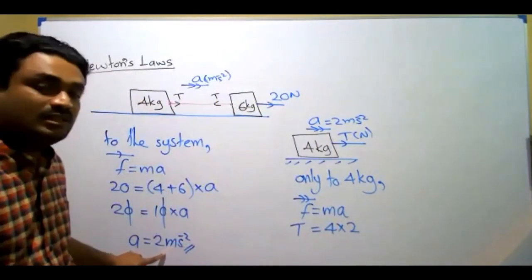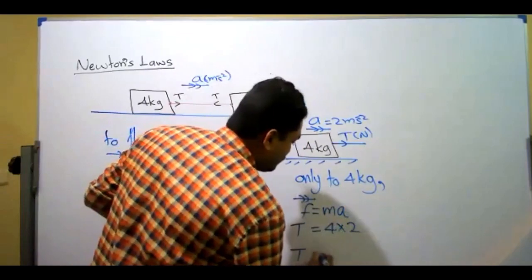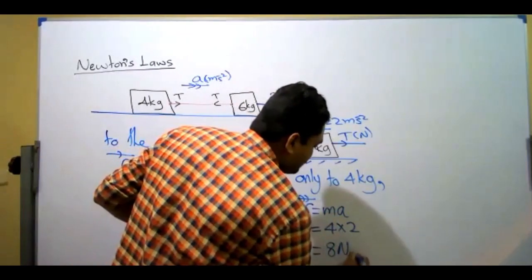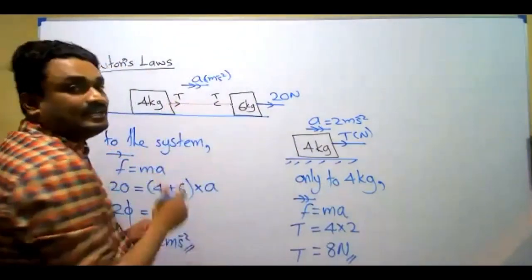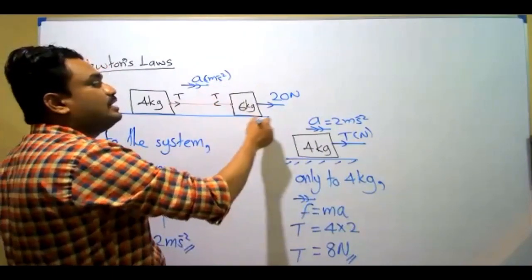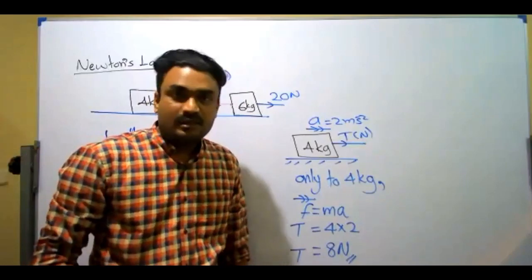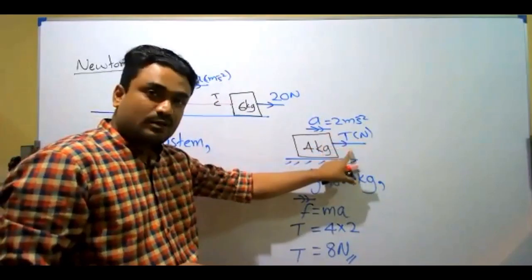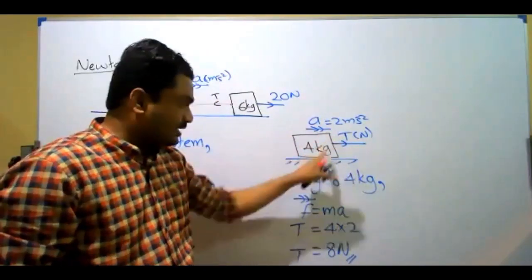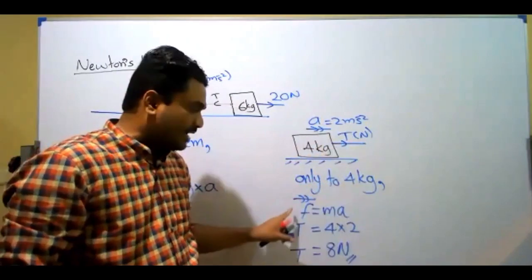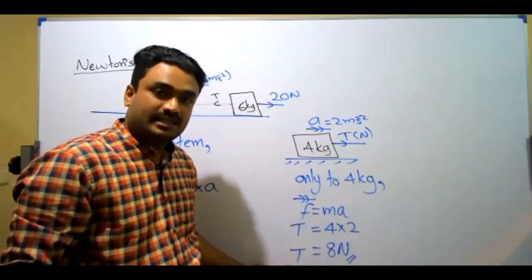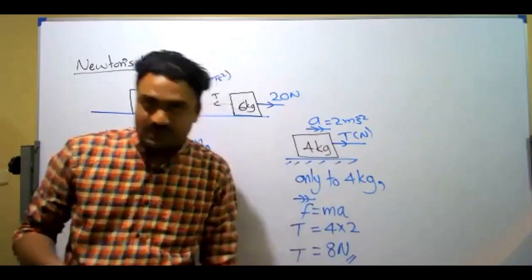So we obtain that T equals 4 times 2, which is 8. So the tension in the string is 8 Newton. If you apply F equals mA to the 6 kg object also, you get the same 8 Newton answer. But I just want to find only this T Newton tension force. Draw the figure, right? Only to the 4 kg object, apply F equals mA and find the tension in it. Write them here. Start.